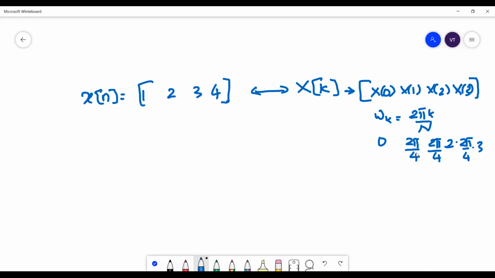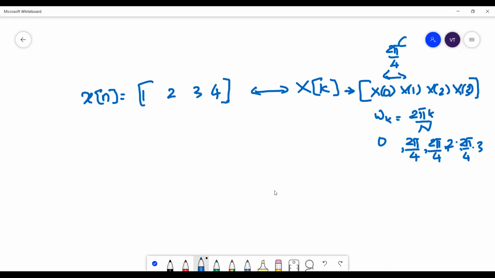Second sample is at 2 pi by 4 into k equal to 1. 2 pi by 4 into k equal to 2. And 2 pi by 4 into k equal to 3. So these are the locations of the samples. So which means the samples x of 0 and x of 1 are spaced apart in the frequency domain by a sampling interval of 2 pi by 4 radians.